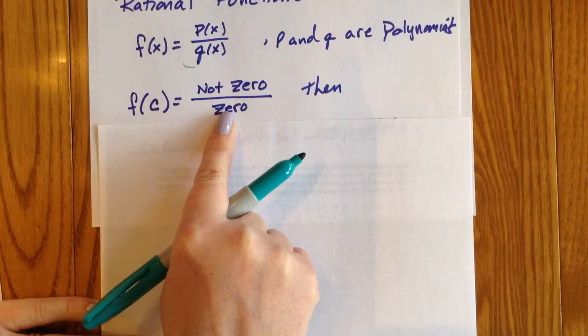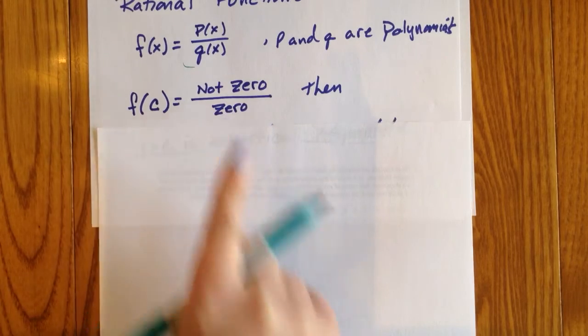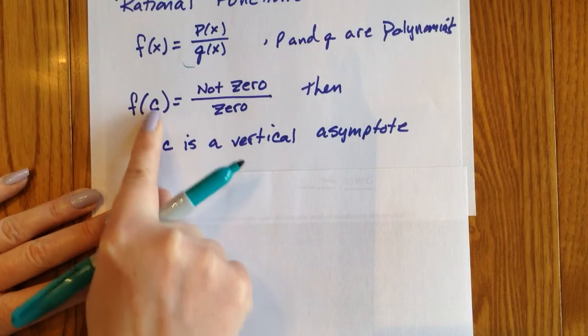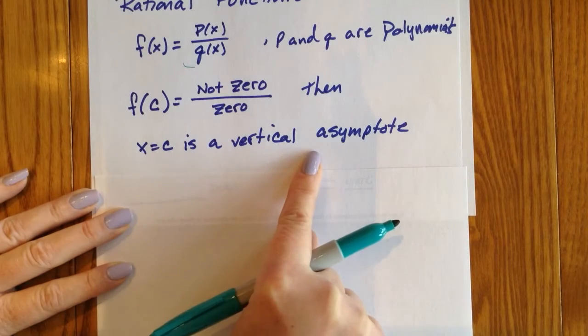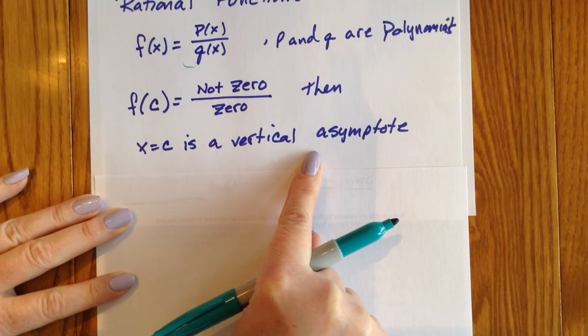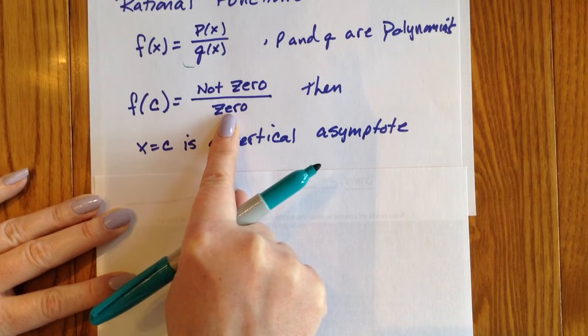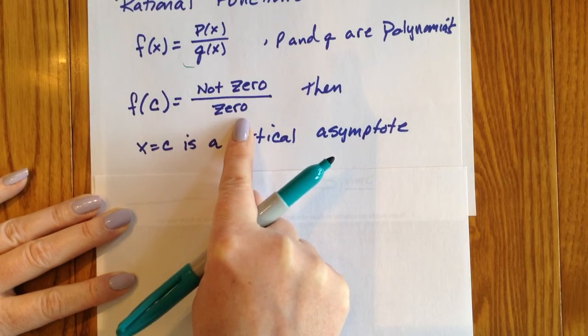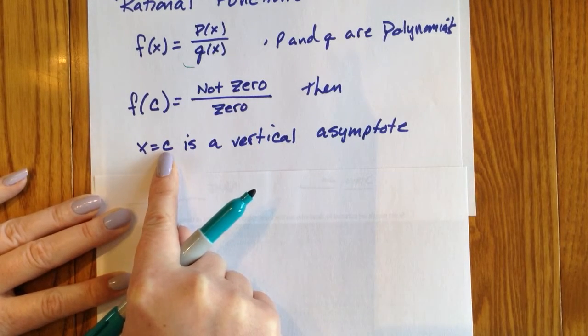Not 0 over 0 with a rational function means x equals c, the number you filled in, is where you have a vertical asymptote. So our job is going to be, look at the function, find out what makes the denominator 0, but not the numerator, and booyah, there's your vertical asymptote.